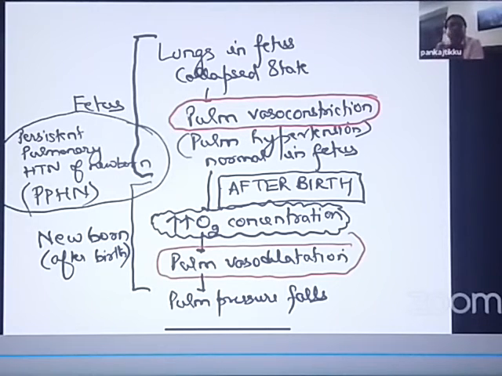So if someone asks you what is the most common cause of death after birth in a child who has congenital diaphragmatic hernia, the options are either pulmonary hypoplasia or pulmonary hypertension. This pulmonary hypertension should not have been present after birth. The pulmonary pressures should have fallen so that now the blood can enter into the lungs. But if it keeps on persisting, this is highly dangerous and can be a cause of death after birth. What is this condition called? Persistent pulmonary hypertension of the newborn.